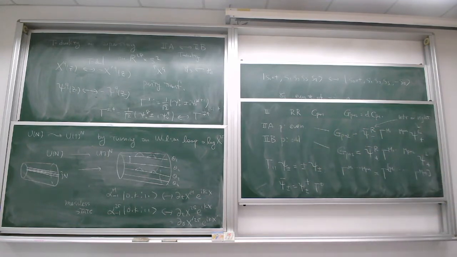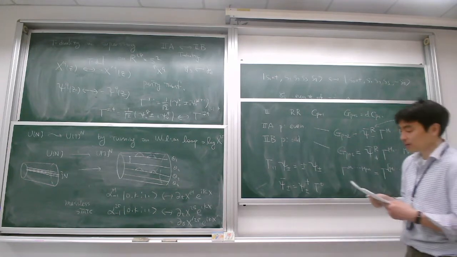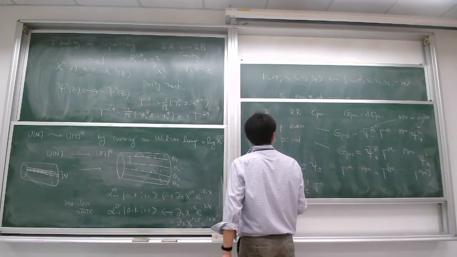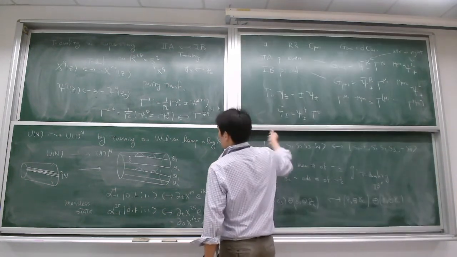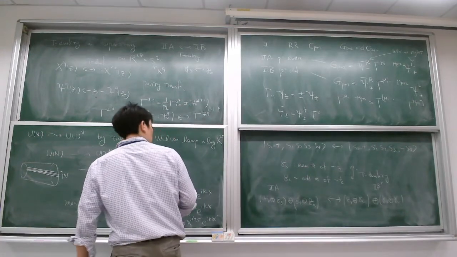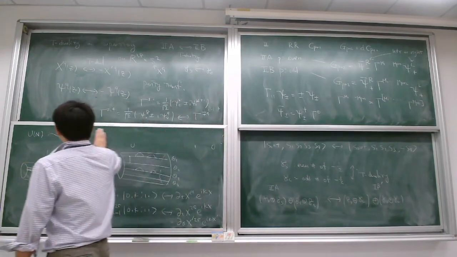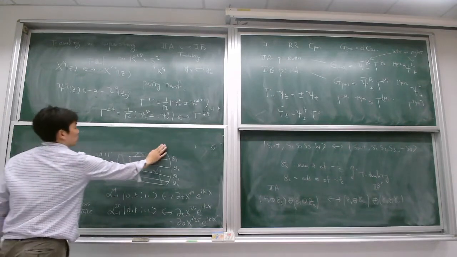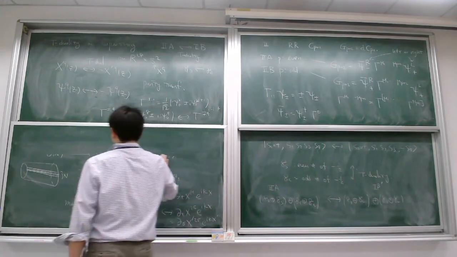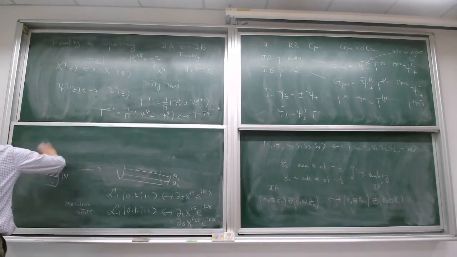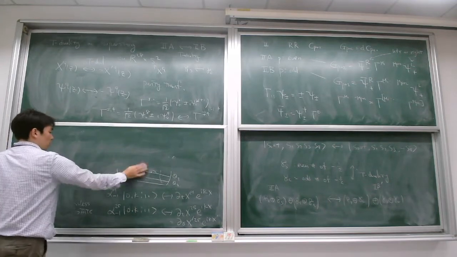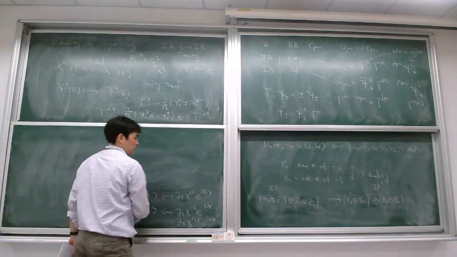And now, what are the consequences of T duality? How do you define T duality on this one? How do they transform under T duality?